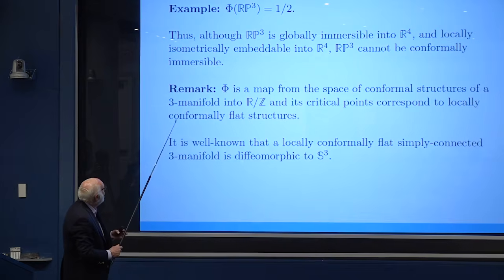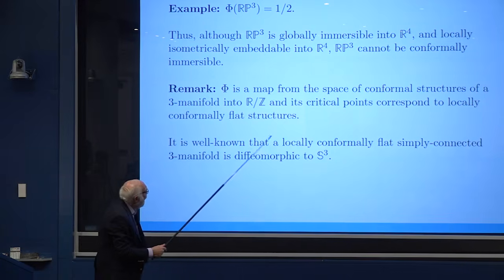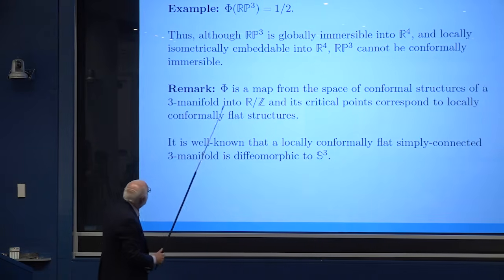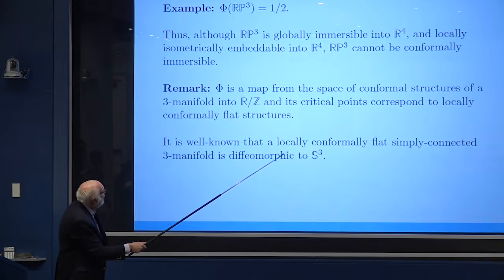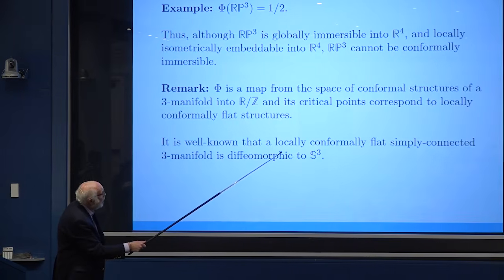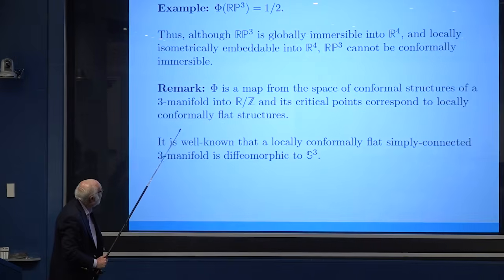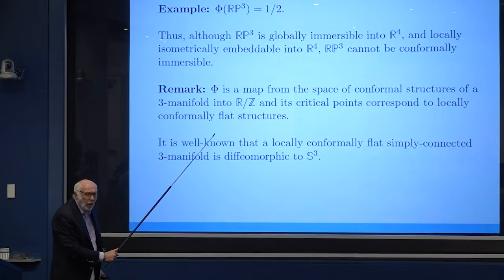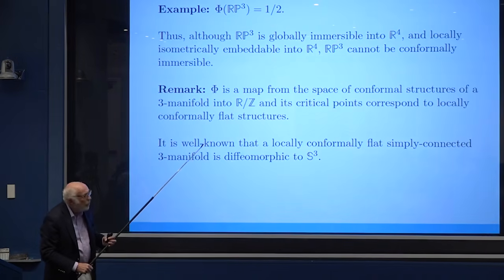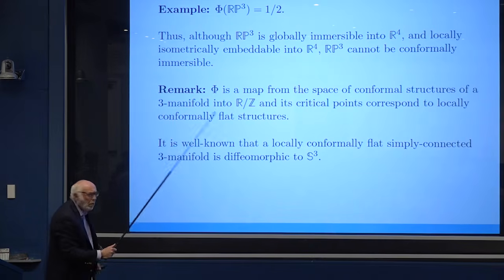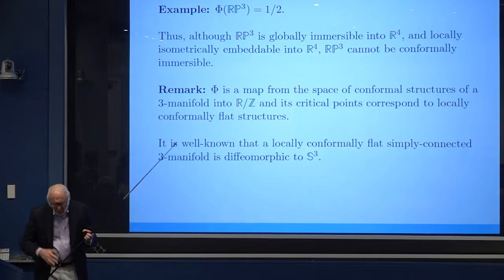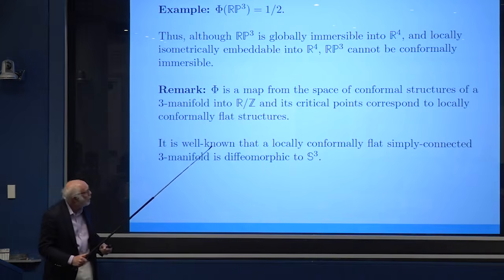Now, something else. Phi is a map from the space of conformal structures of a three-manifold into R mod Z, into the circle. It turns out its critical points correspond to locally conformally flat structures. So when you differentiate this function, this is in the infinite dimensional manifold of Riemannian structures or conformal structures.